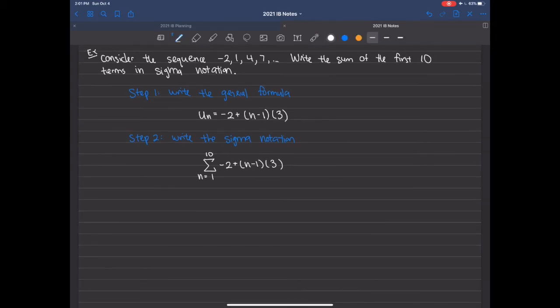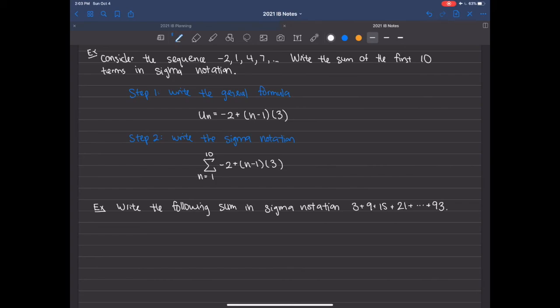So I'm going to write out a second example. Let's say we want to write the following sum in sigma notation: 3 plus 9 plus 15 plus 21 plus dot dot dot plus 93.